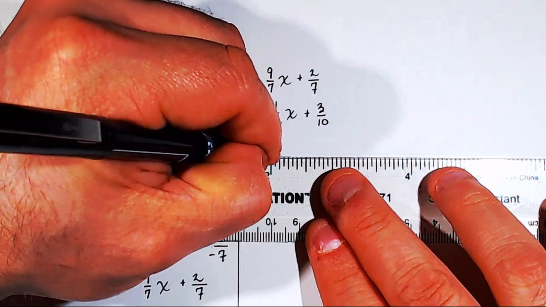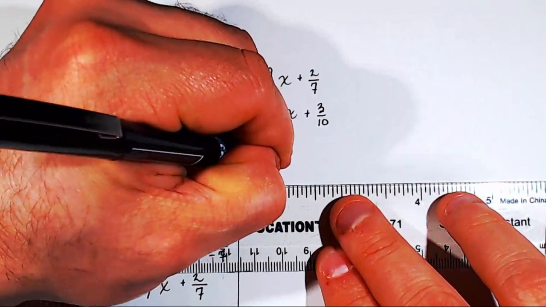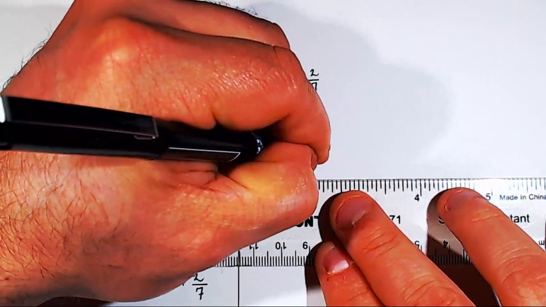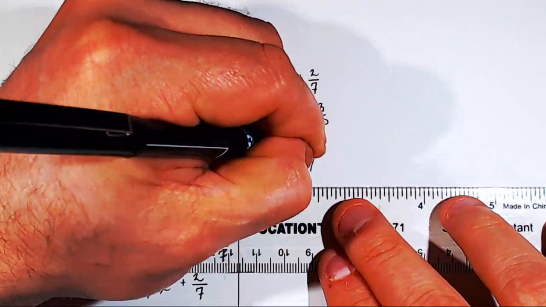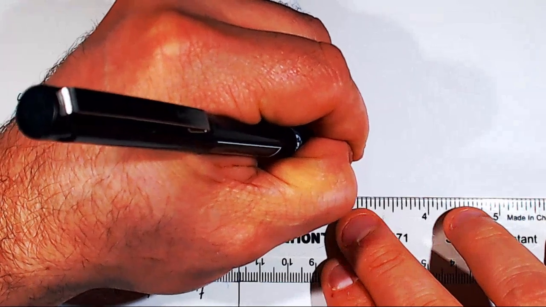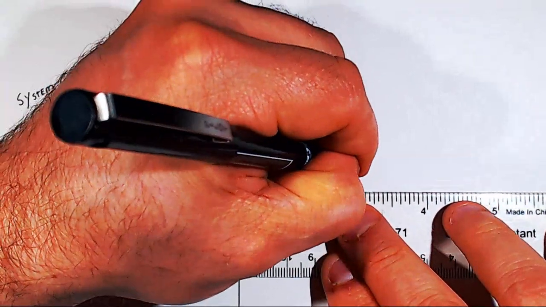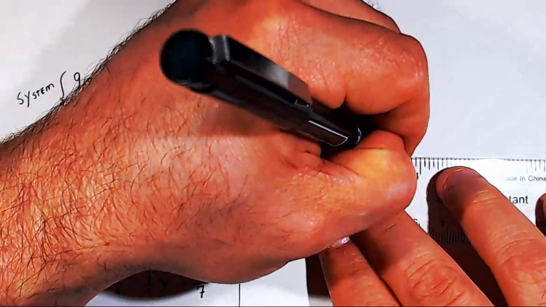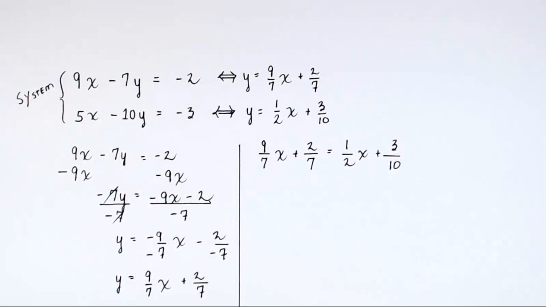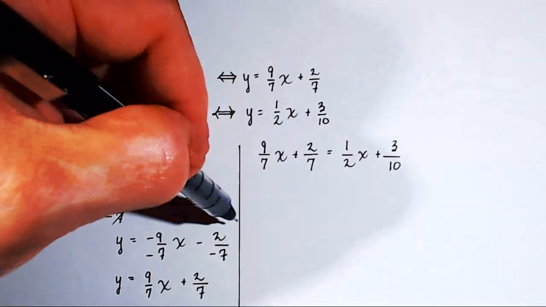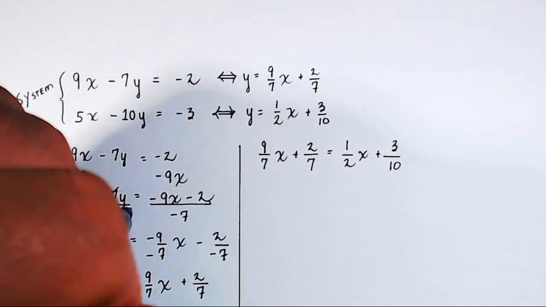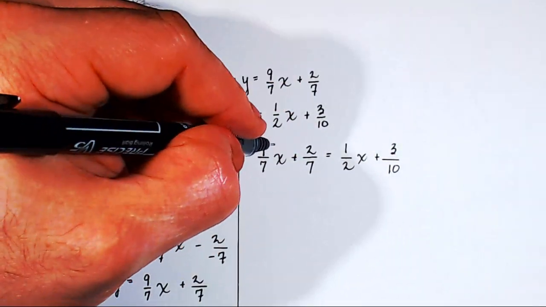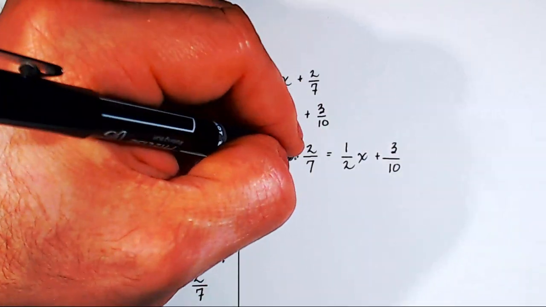We'll set 9/7x plus 2/7 equal to 1/2x plus 3/10. Okay, remember our goal here, even though these are complex looking, scary looking fractions, our goal is to get x by itself.